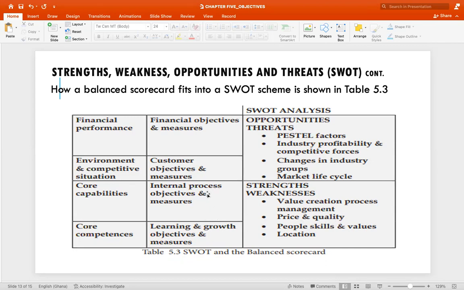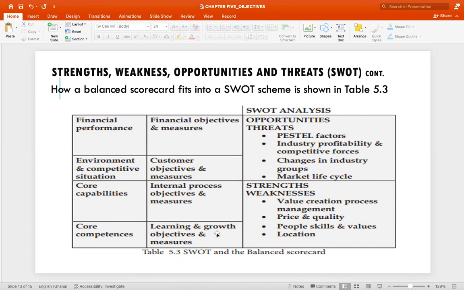These two are within the SW, strengths and weaknesses, the internal environment, okay? If you were to pay attention to learning and growth, that will improve your internal processes. Why? Because that will improve the competencies of your employees, and then that will help them to be able to do things better within the organization, all right? And improve your core capabilities, okay?